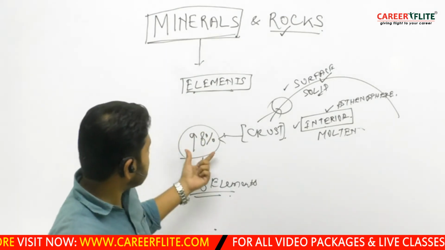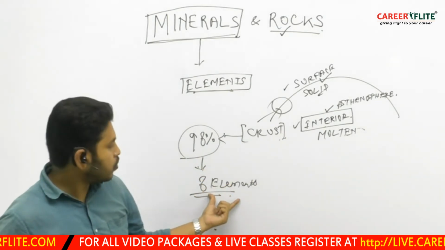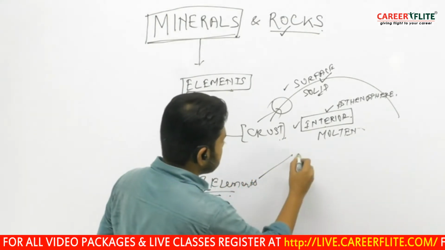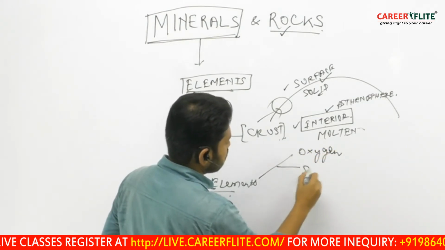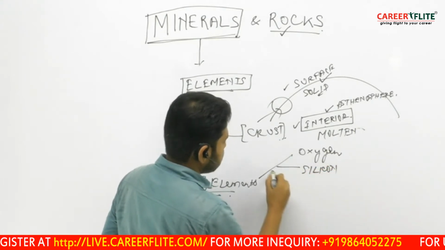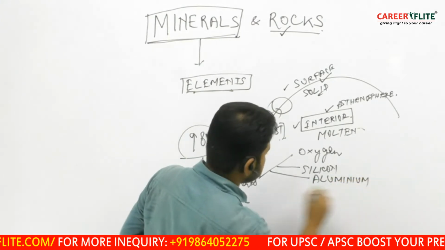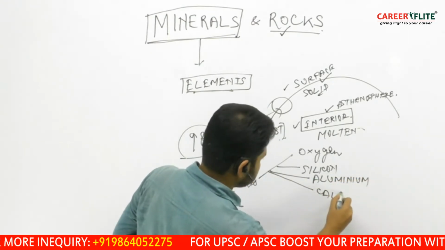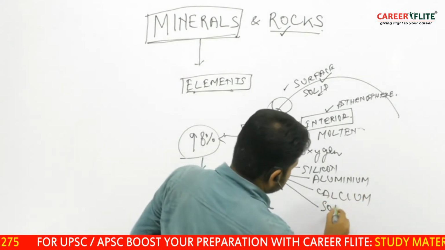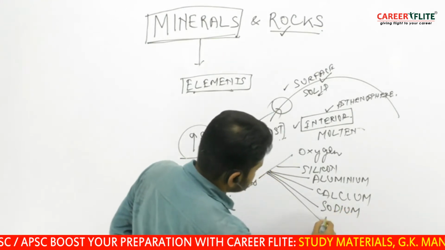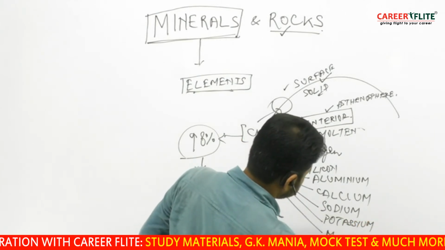So again, 98% of the earth crust is made up of 8 elements. Now we have to know what the elements are. These elements are oxygen, silicon, aluminum, calcium, sodium, potassium, magnesium.